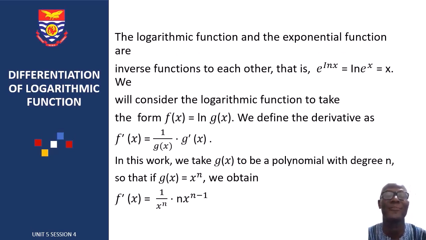Differentiation of logarithmic function. The logarithmic function and the exponential function are inverse functions to each other. So that if e is raised to the power ln x, it gives x, and ln e to the power x is equal to x, because the base for that log is e.